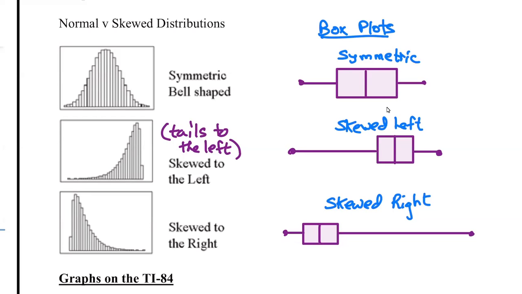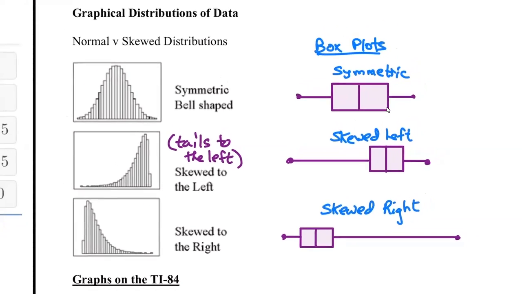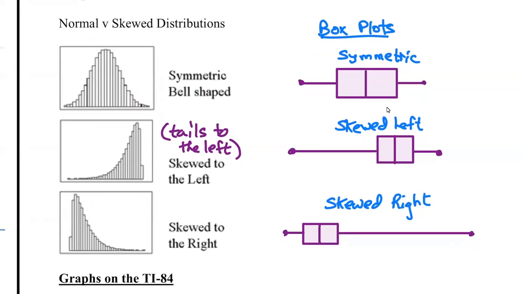It's not just cut and dried, skewed this way or skewed that way or symmetric. Sometimes there's gray area, and this is the math class of gray area. It's not just black and white. We got everything in the middle too. We live in the gray.